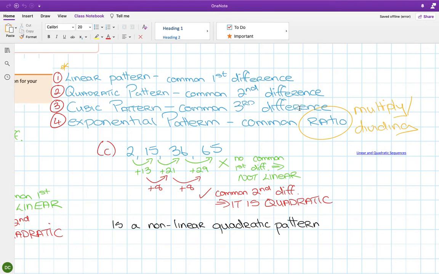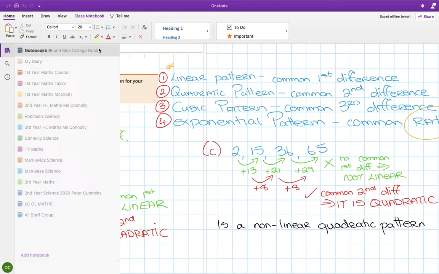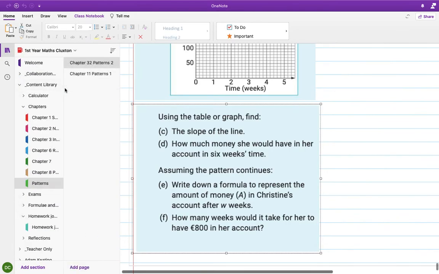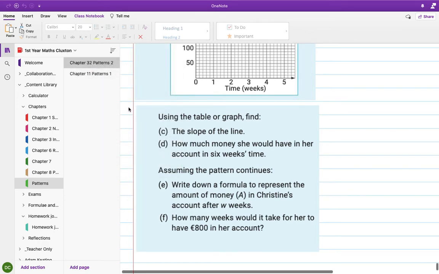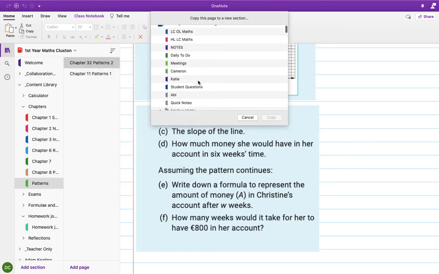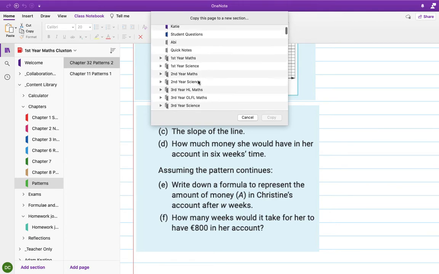And then an exponential pattern has a common ratio, and the ratio means you're going to be multiplying to get from there to there. So they are all 4 of the patterns that you will need to know for these. And that'll be the case the whole way through, all the way through to 6th year. There's no more patterns that you learn.